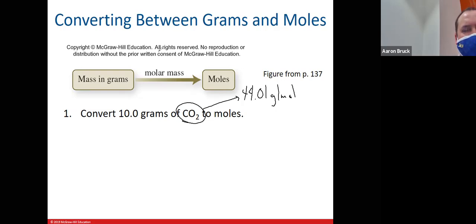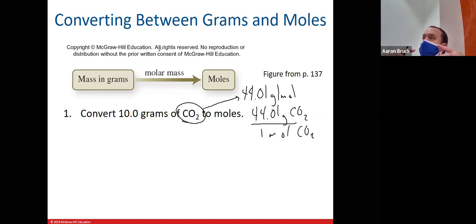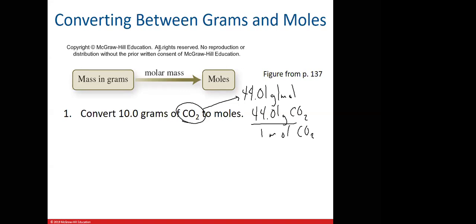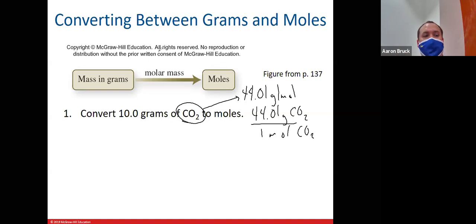From a dimensional analysis standpoint, remember, this can be viewed as a fraction, 44.01 grams of carbon dioxide over 1 mole of carbon dioxide. And we can flip this fraction over if we need to in order to cancel out the units that we want.